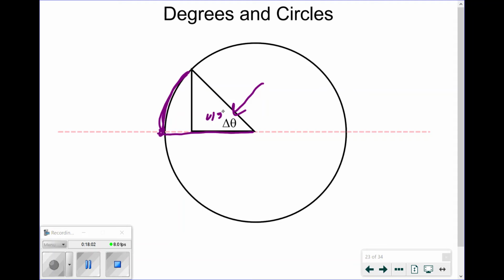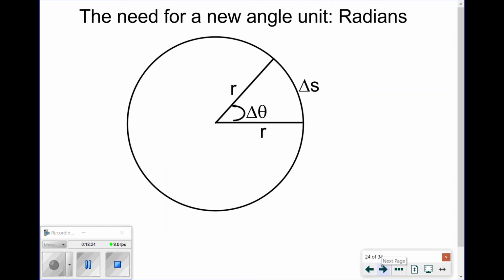If this was 45 degrees, then I know that this distance and this distance are the same, but neither one of them is the radius. And it tells me absolutely nothing about this arc length on the circle. So we need to have a different unit of angle that relates specifically to circles.